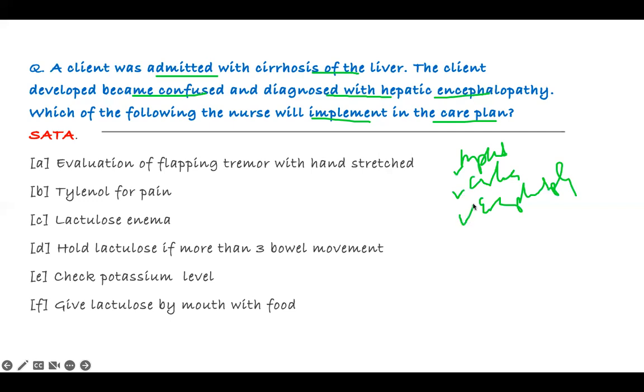That is my rewrite, very short. I'm not going to write all this. I'm implementing something on a patient who has cirrhosis that has developed encephalopathy. Those are the buzzwords, and I've used them to rewrite it: encephalopathy, cirrhosis, and implement. And therefore, we evaluate each answer choice with that.